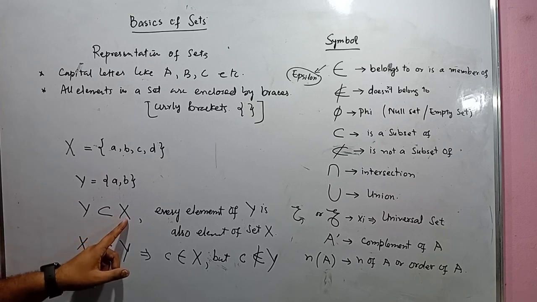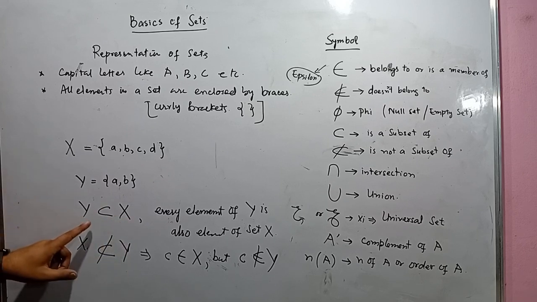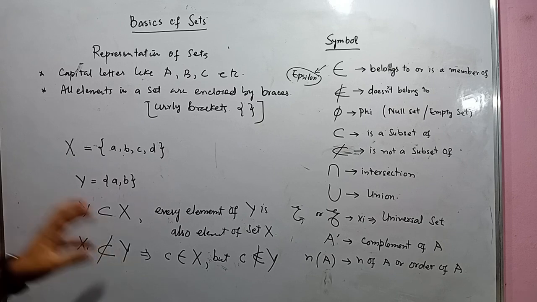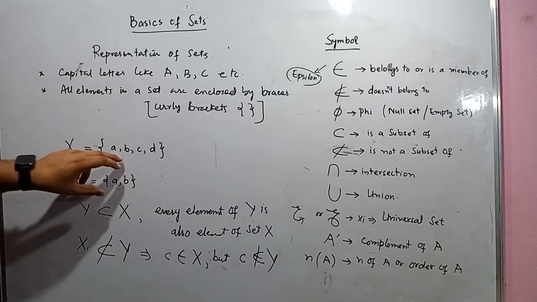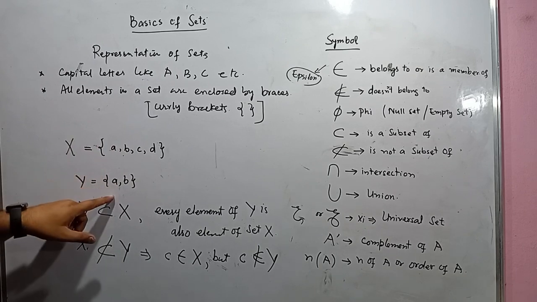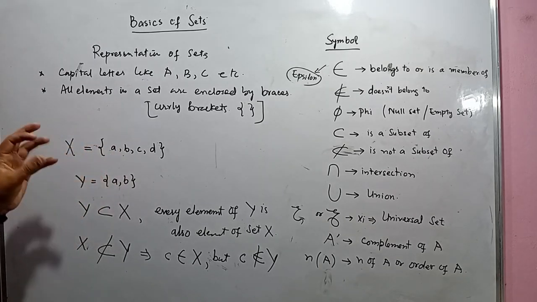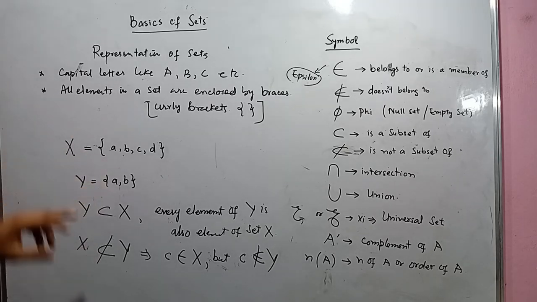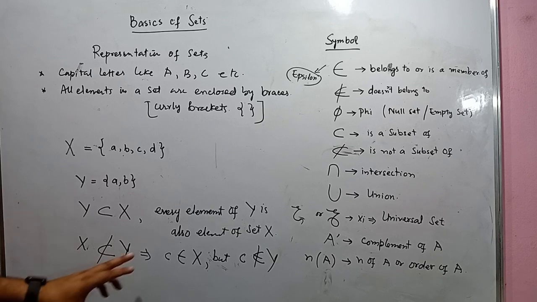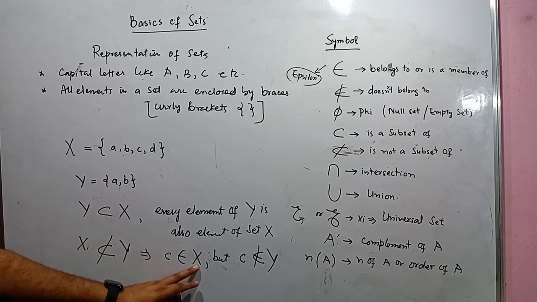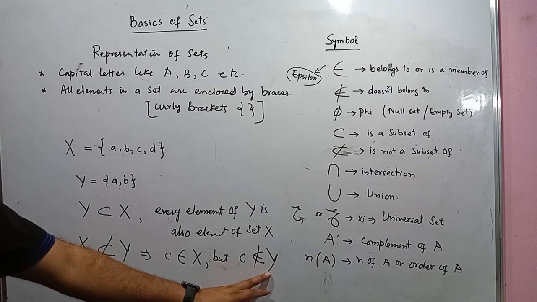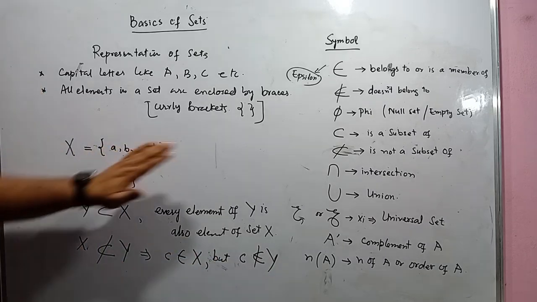And X is not a subset of Y, because not all elements of X are present in Y. We can write X is not a subset of Y. Why? C belongs to X, but C does not belong to Y. Now this is the concept of subset.